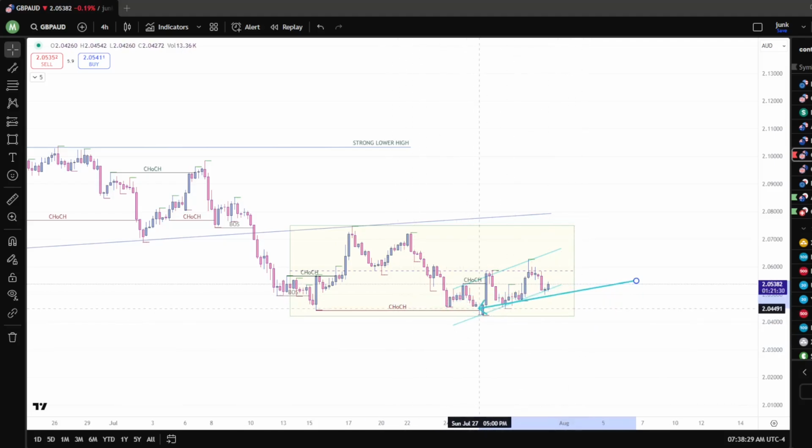As its structure is broken to the downside, kind of briefly, it's going back into premium of this 4-hour range. But overall, as you can see, it still looks like it's just consolidating, but wait for any type of price decision to be made. If it can come back and retrace, could take out the highs, like I said. Then we're going to see any type of bearish push to the downside and target the lows.